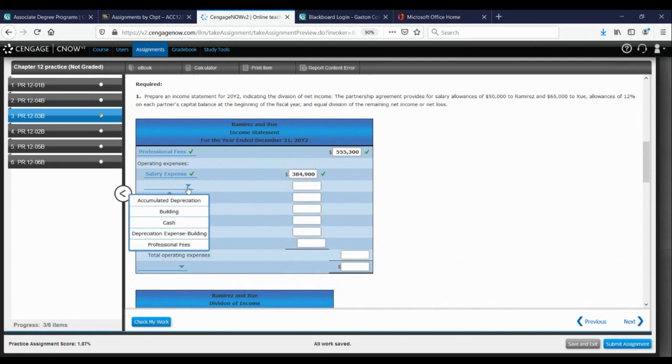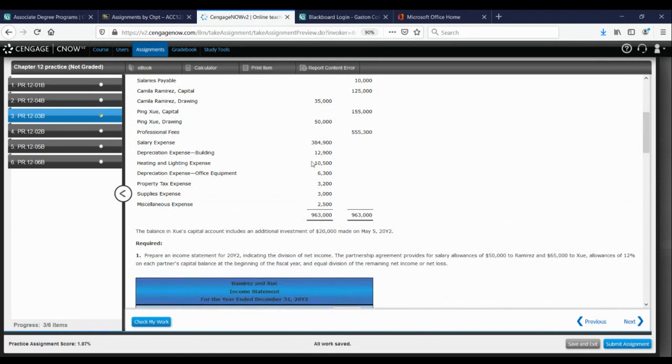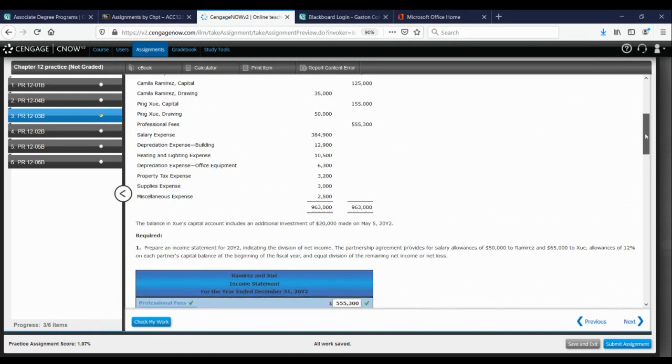The next expense that we're going to list is the depreciation expense on the building. The depreciation expense on the building was $12,900.